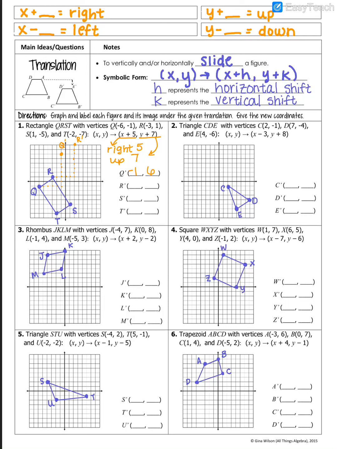I'm just kind of trying to show you what I'm doing. Okay, same thing with S. Right 5, up 7. So there's S prime. And then we have T, which we're going to do the same thing. And I'll write down the rest of the points in a minute.